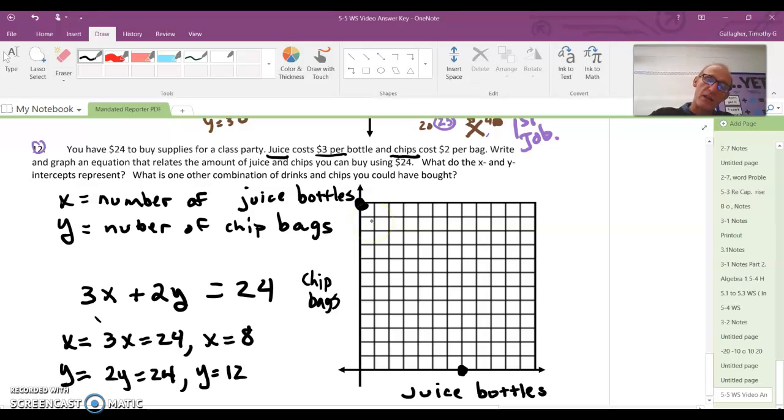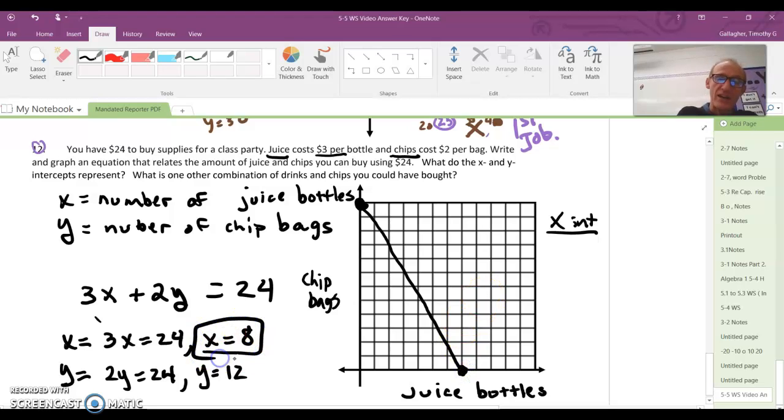Okay, so we're going to connect the dots here. And then what do the x and y intercept represent? The x-intercept is right here, so this is 8 juice bottles and no chips. This is 8, 0. So the x-intercept represents 8 juices, no chips.